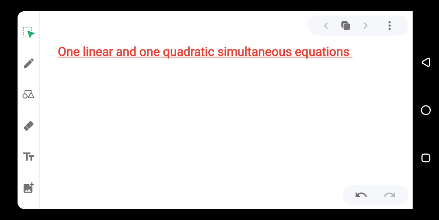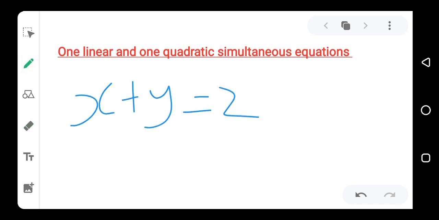For instance, if you have x plus y is equal to 2, here the highest power of x is 1, x raised to power 1, and the highest power of y is equal to 1. So this is a linear equation.